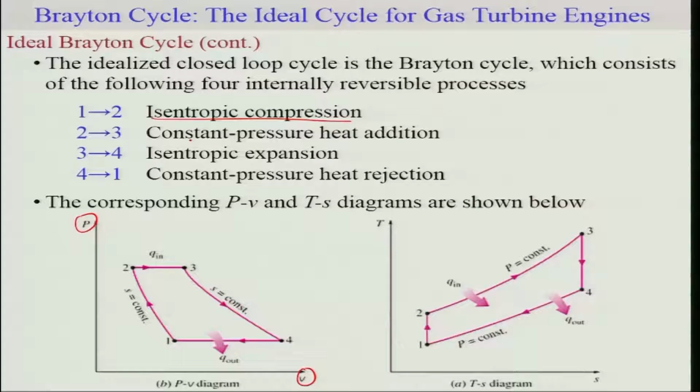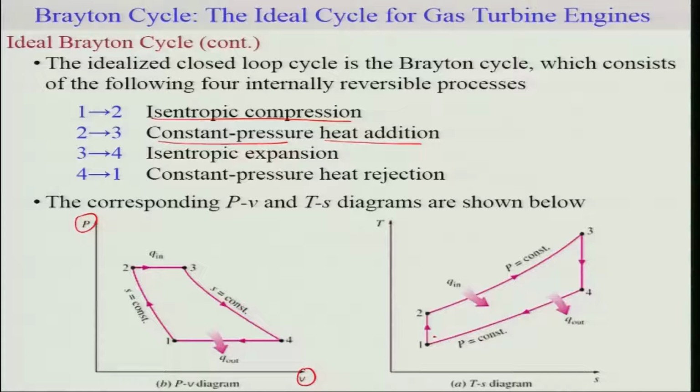Then you have the heat exchanger, or basically the combustion, which is a constant pressure heat addition, 2 to 3, followed by 3 to 4, which is isentropic expansion in the turbine, and followed by your constant pressure heat rejection, which is the exhaust gas thrown out, or represented by a heat exchanger again. So this becomes a complete cycle on a PV diagram.